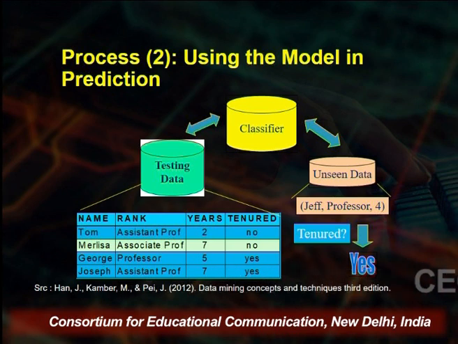So the model will give an answer. Depending upon the result of what the model predicts for the class, we will evaluate whether the model is accurate or not, whether it can be validated or it cannot be validated.